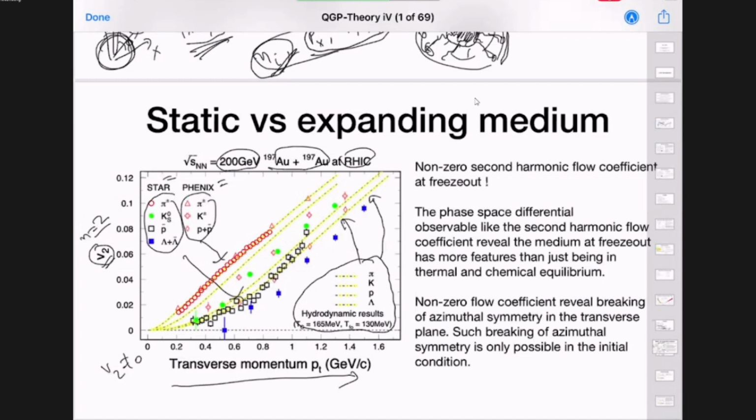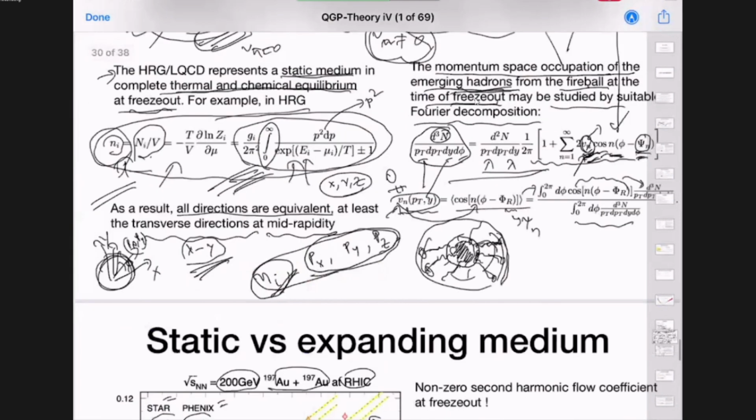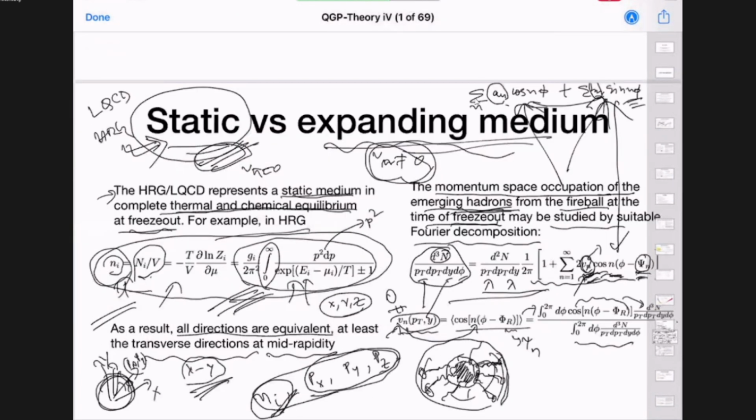Which means that the picture that we drew for ourselves yesterday has some truth in it, but it's not the full truth. It's not just a static gas in thermal and chemical equilibrium, because if it was, in no way could it have such angular dependence. There is something more to it.